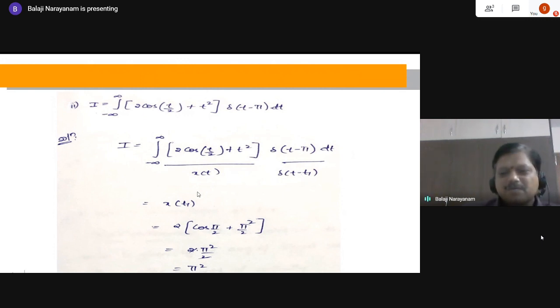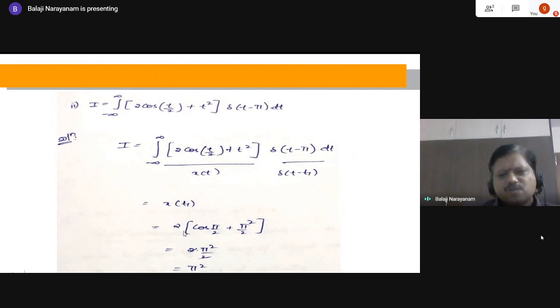We just did a problem, so we can understand that we simply apply the property that the integral from minus infinity to infinity of x of t delta of t minus t1 is x of t1, and in place of t1 we have pi.